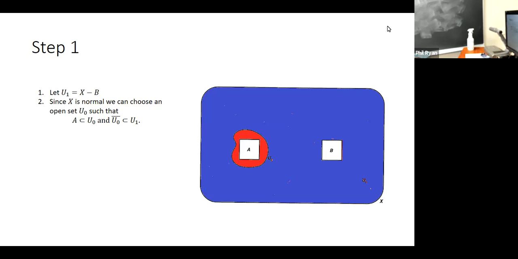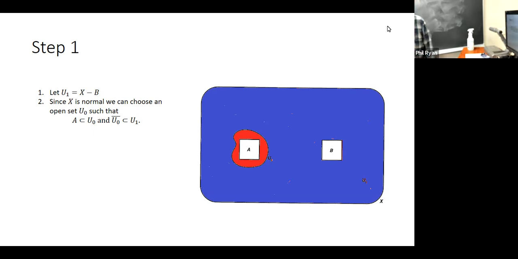Even though I've done this blue and this red, all this is still U1. So everything's U1 except B, and U0 is just this open set that we've got here. In fact, U0 includes A, so of course it covers A.